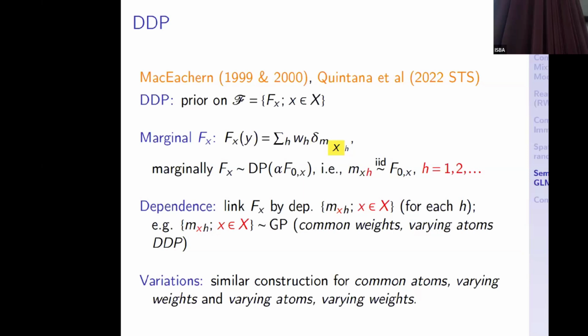At that moment, where theta is really a function of x, we get covariate-dependent weights. But of course, after the exponential tilting, it's not the Dirichlet process anymore. That's why I can only call it kind of a Dirichlet process.